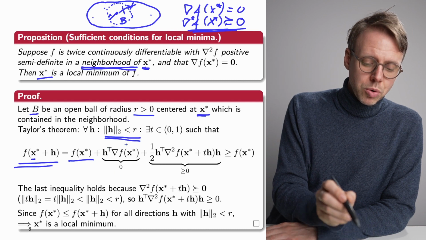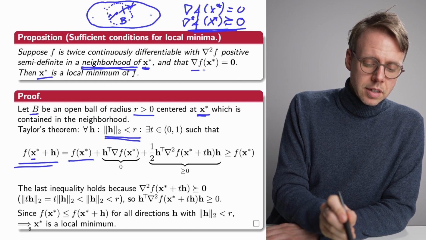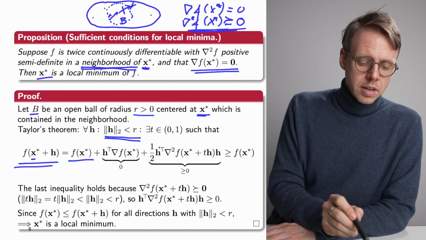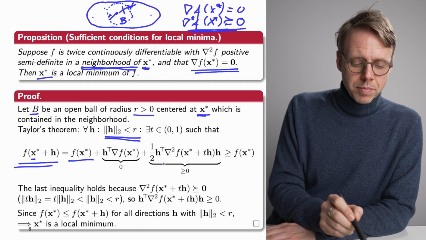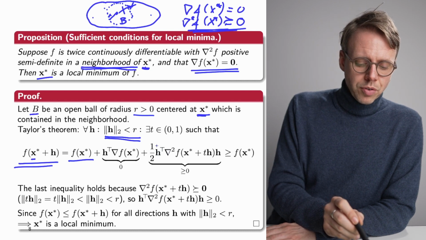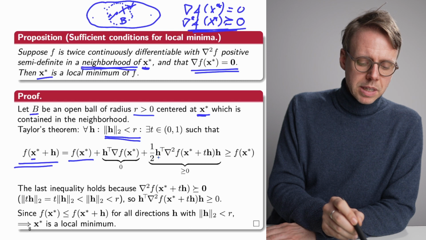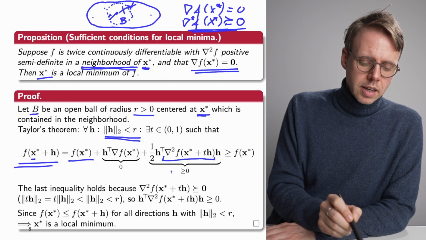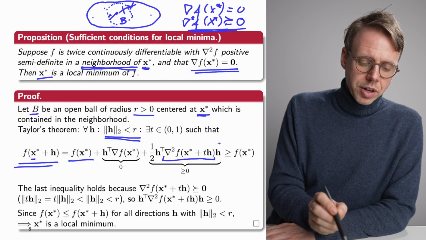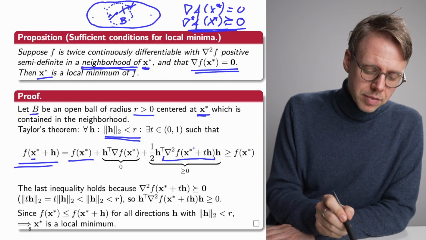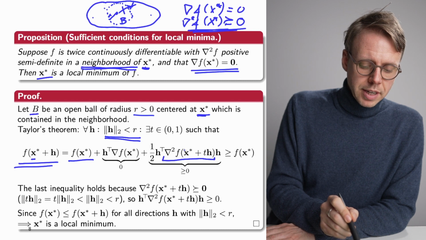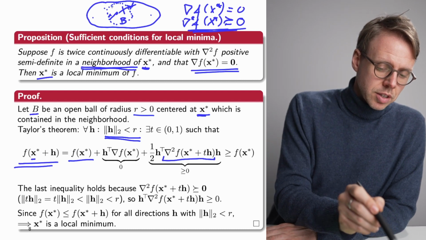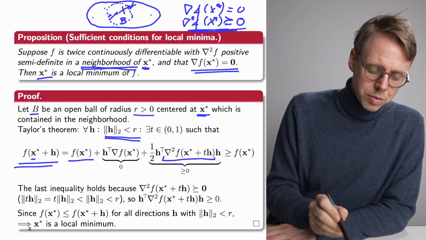And because we know that the gradient is 0, this term also needs to be 0, plus a squared form of this displacement vector h in the Hessian at some point that lies between our point x star, the center of the ball, and x star plus h, this other point that we want to go to.